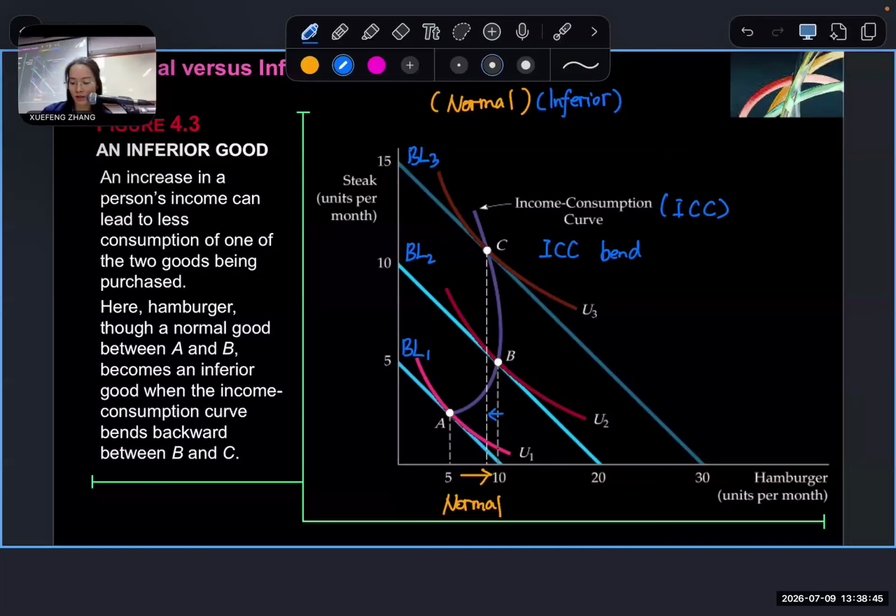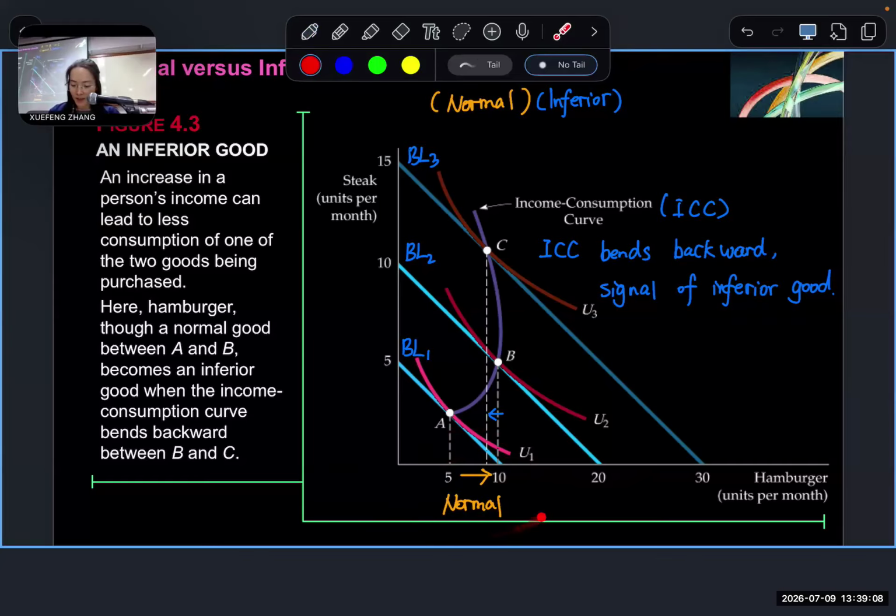So ICC here bends backward, which is a signal of inferior good. Okay, so be careful, from A to B, hamburger is still normal.